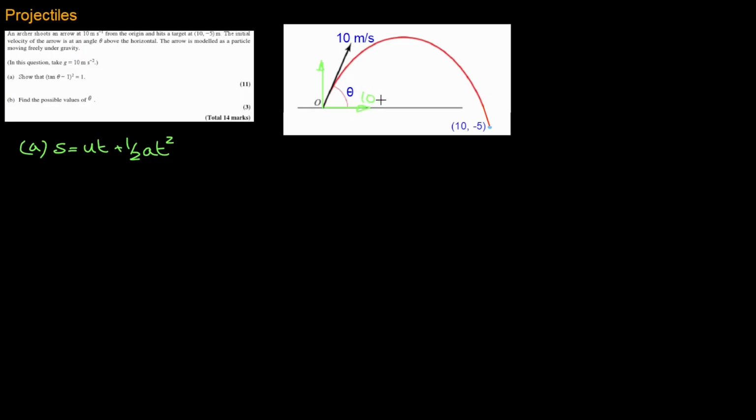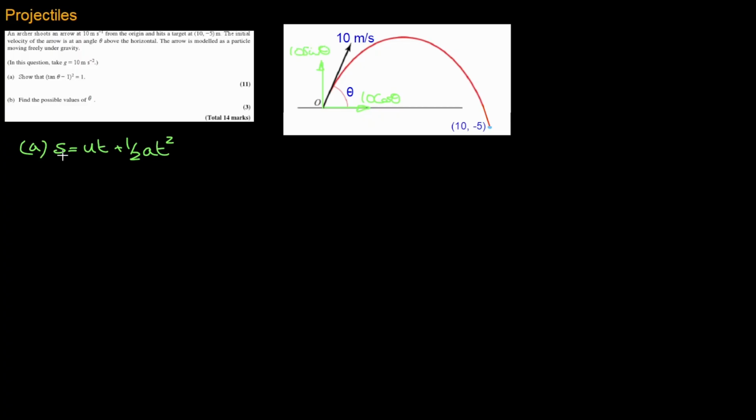So horizontally, we get 10 cos θ as a horizontal velocity. Vertically, we turn 10 meters per second through the angle 90 − θ, giving 10 cos(90 − θ). Because cos(90 − θ) equals sin θ, I can write this more neatly as 10 sin θ.